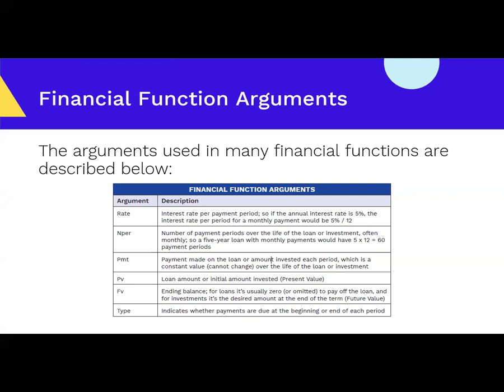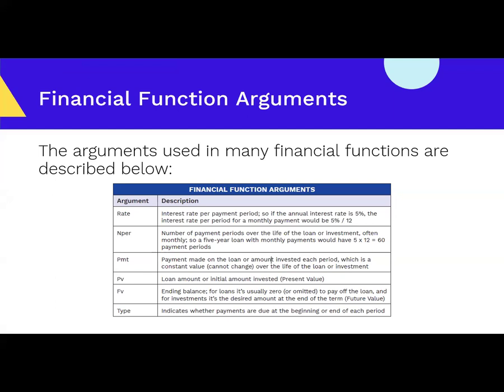NPER, the number of payments over the life of the loan, often monthly. So for a 5-year loan with monthly payments, you would have 5 times 12, and that gives you 60 payment periods. The PMT, payment made on the loan amount invested each period, which is a constant value, cannot change over the life of the loan or investment.